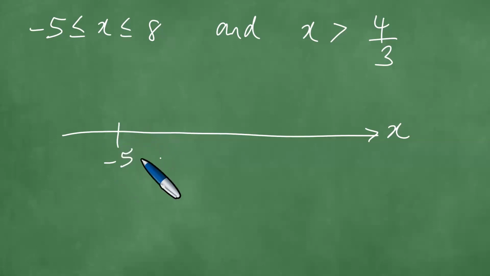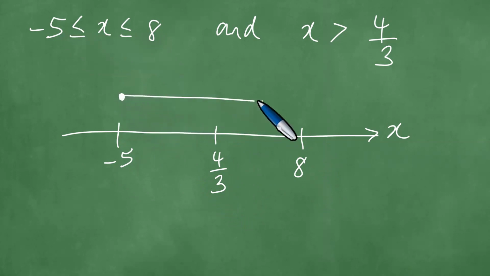We put minus 5 here together with 8, and then we have 4 out of 3, which lies between them, because 4 out of 3 is approximately 1 and 1/3. We sketch between minus 5 and 8 inclusive, and x is bigger than 4/3.